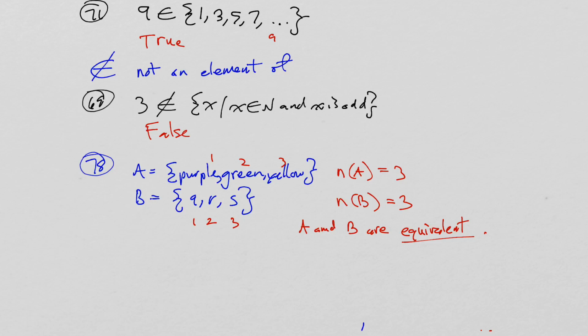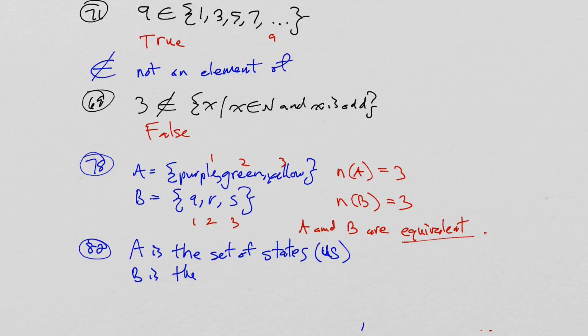Now, what about 82? A is description form. A is the set of states. I'm assuming that's US. The 50 states. And then B is the set of capitals or state capitals.